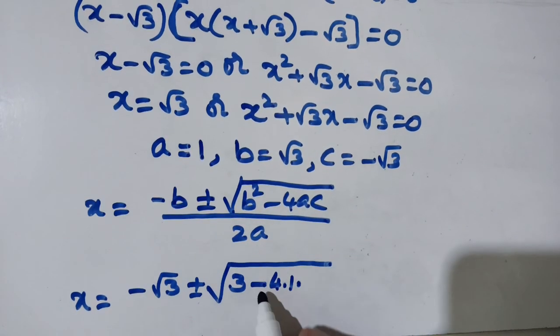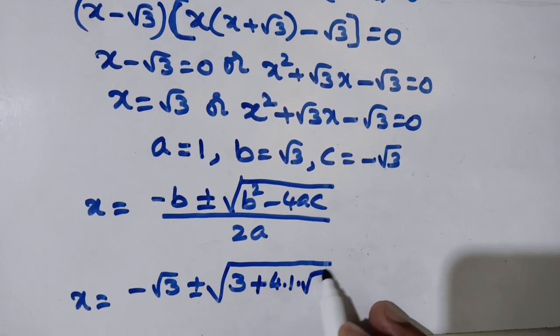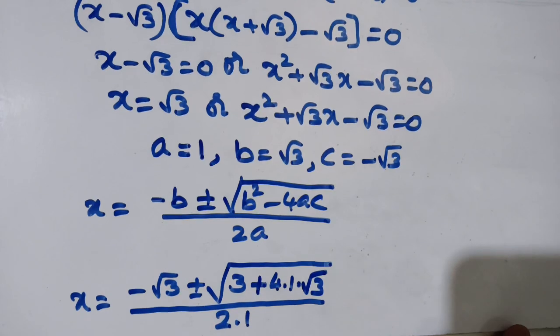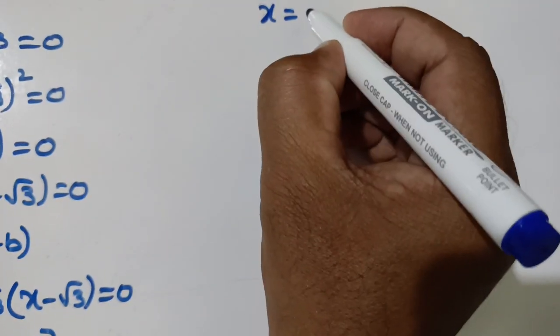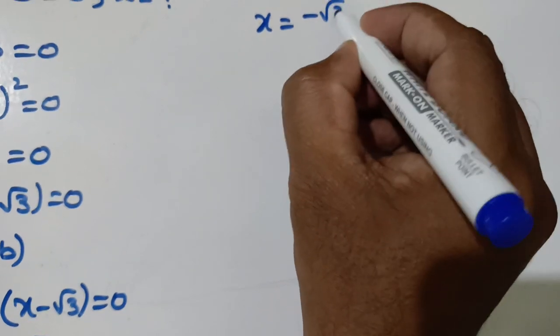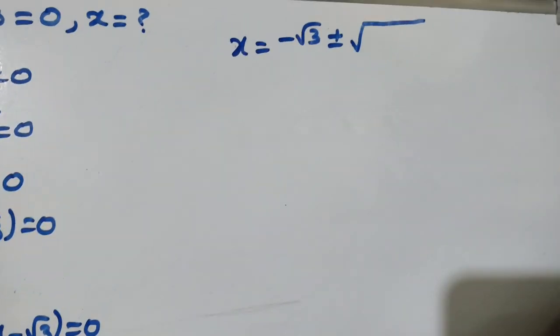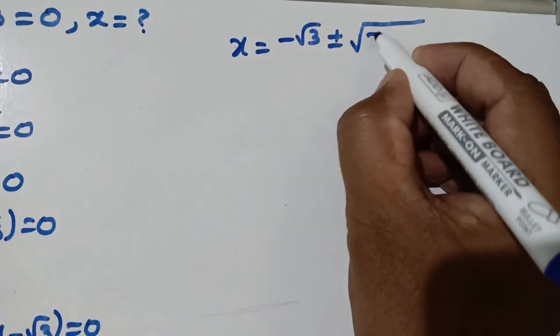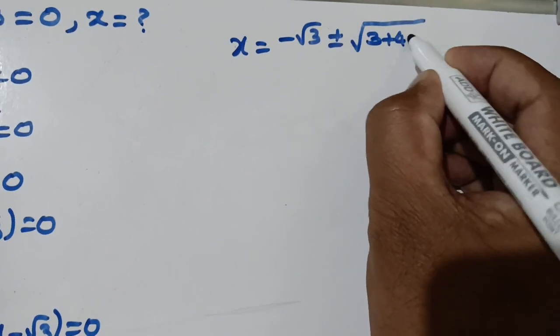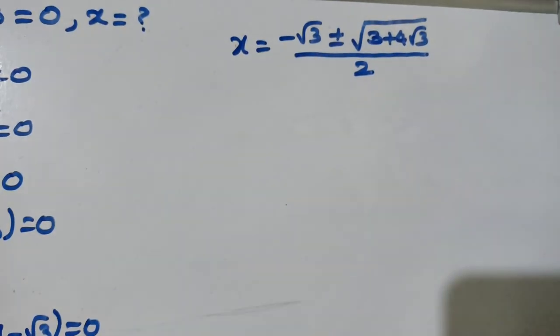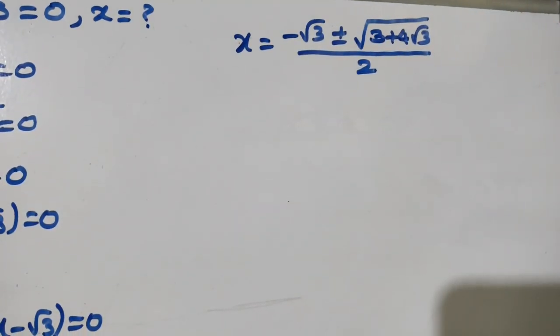With this minus and minus I multiply, it becomes positive 4 root 3, divided by 2 times 1. So the simplifications I do here. So x is equal to minus root 3 plus or minus square root of 3 plus 4 root 3, divided by 2, and further simplifications are not necessary.